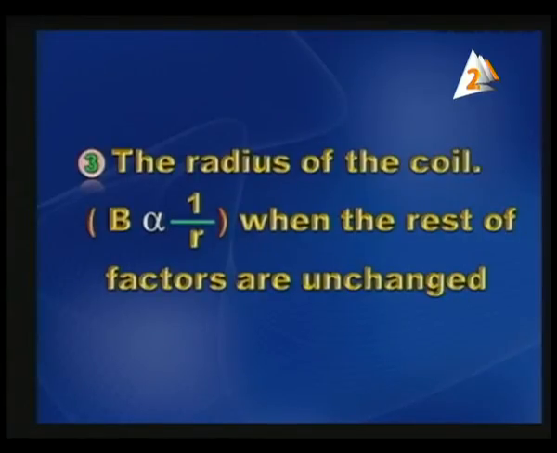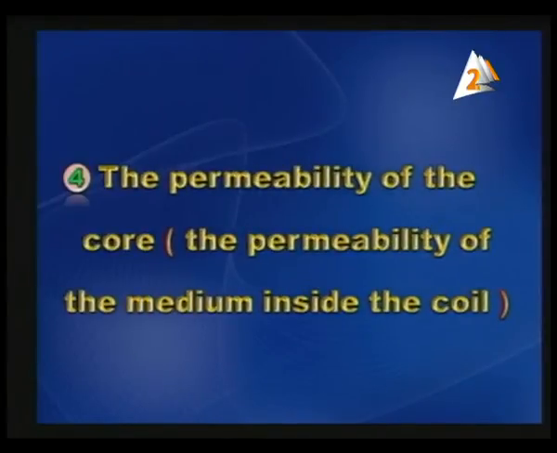Beta is inversely proportional to the radius when the rest of the factors are unchanged. And finally, the permeability of the medium inside the core. It differs if the coil is air cored or if it is wound around soft iron or something else.